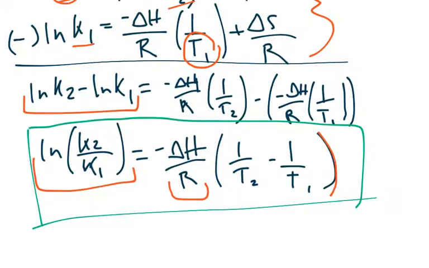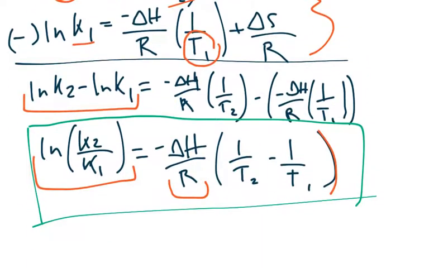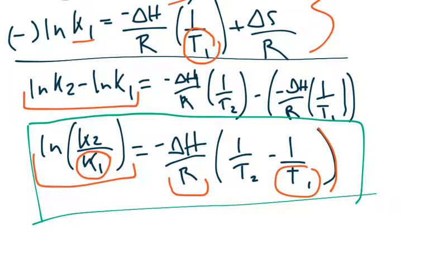So notice how this equation looks very similar to some other equations we derived in the past. And that's because they're all related in some way, and that's pretty cool. So this equation lets you have an initial T and an initial K, and if you ever change the temperature to a new temperature T2, you will be able to calculate the K2 corresponding to that.